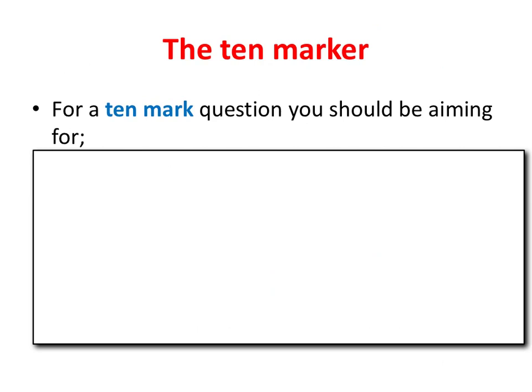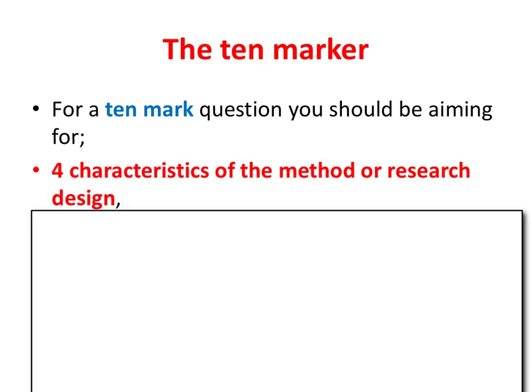The 10-mark question is going to ask you to explain the meaning of a key term from research methods. That term is likely to refer to either a particular research method or a particular research design. To get all of the marks, you need to try to make at least 4 key points.